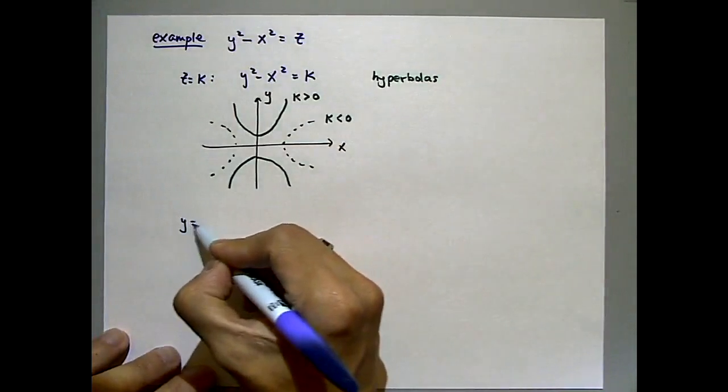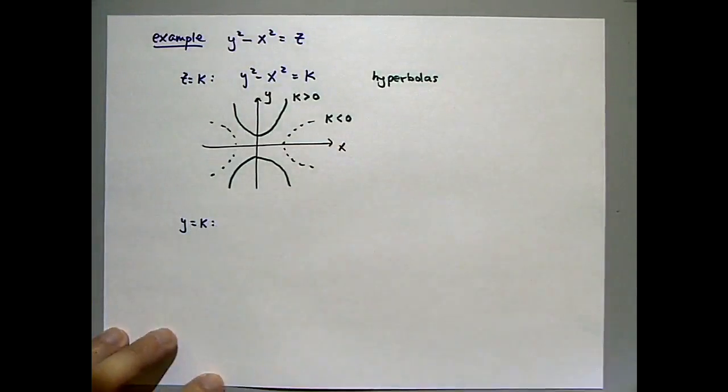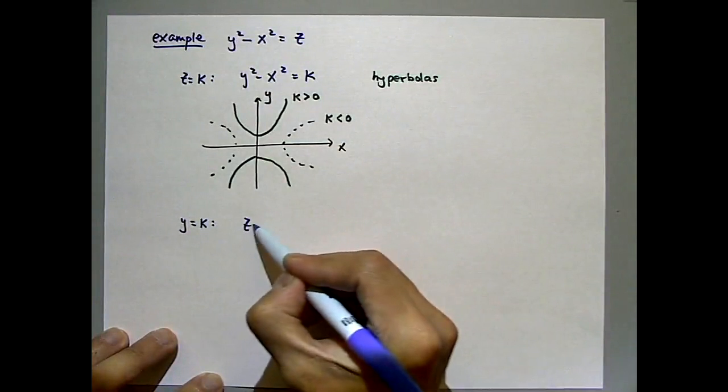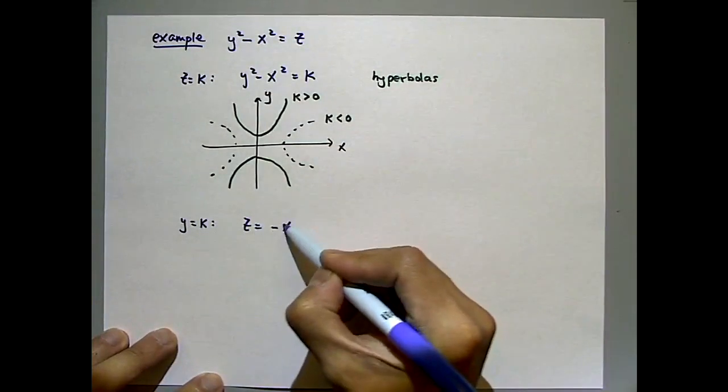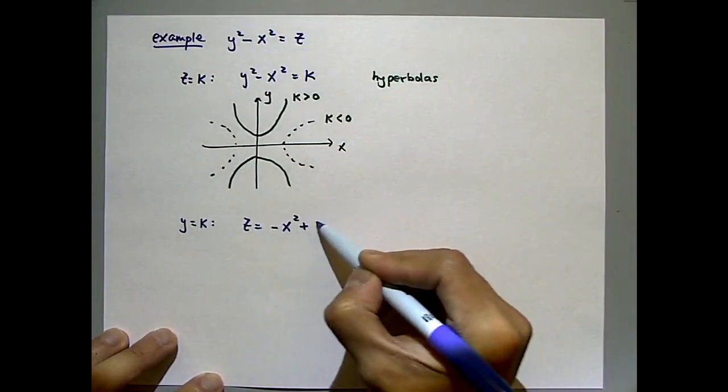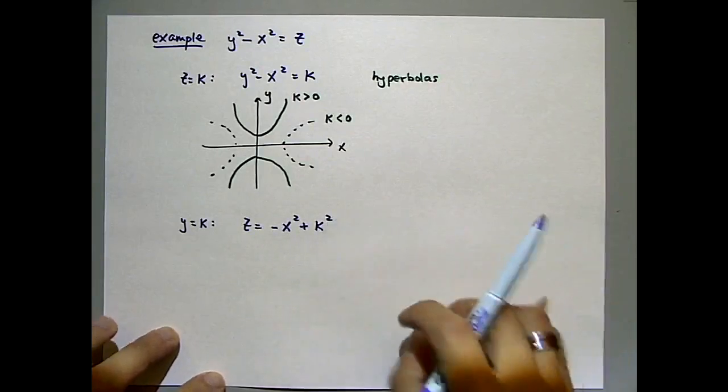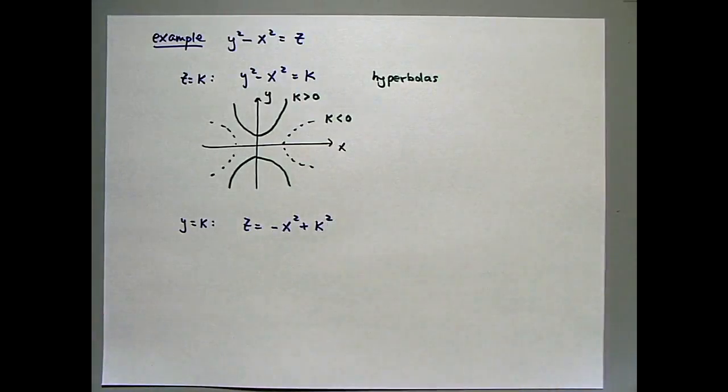Let's look at y is equal to k. And I'm going to write it this way. Z is equal to negative x squared plus k squared. And these are what?